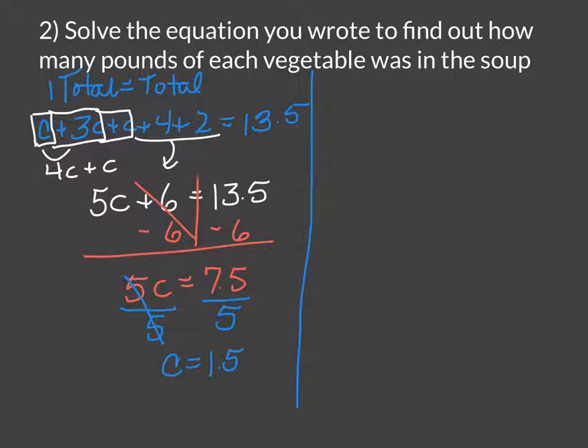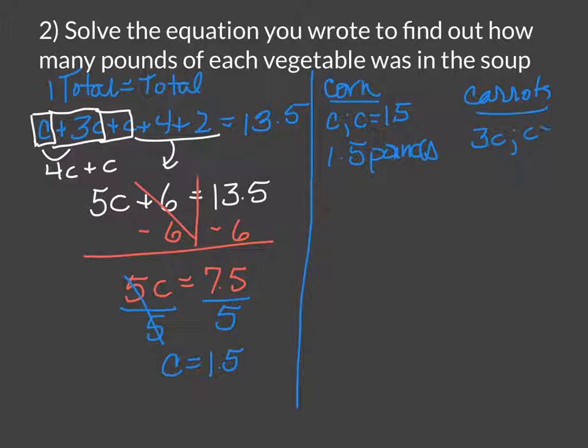So I'm going to start off with my corn. This is, of course, the easiest one because that's what I just found. C equals 1.5. Substitute in, 1.5 pounds of corn. Yummy. Next, I have carrots. Carrots is 3C.